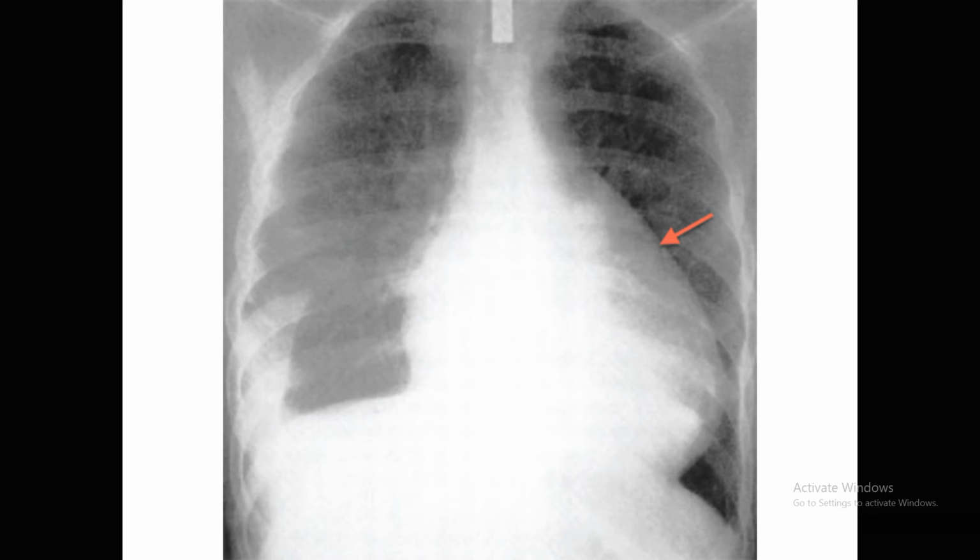Usually the friction rub demonstrates three components: one systolic, related to the ventricular contraction, and two diastolic components. An early diastolic component, due to the rapid filling of the ventricle, and a later diastolic component, due to the atrial contraction.